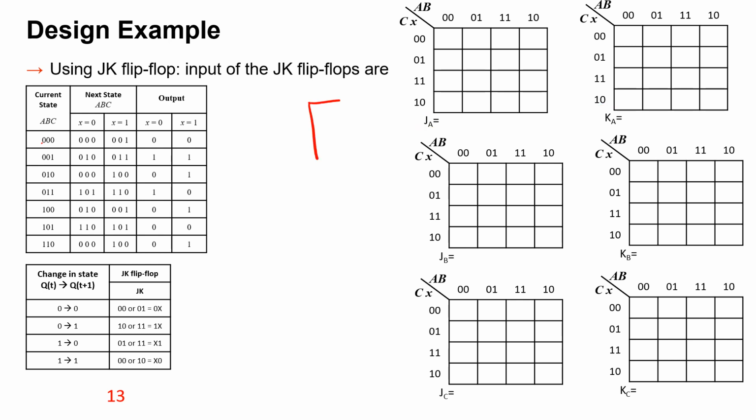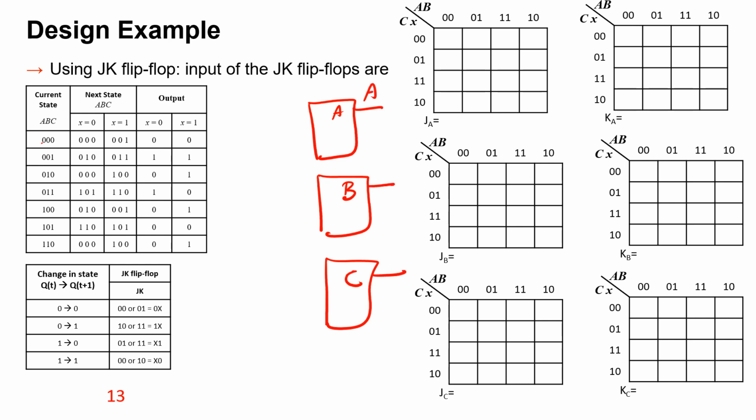So I have 3 flip-flops, 1 flip-flop for A, 1 flip-flop for B, 1 flip-flop for C. So they give me A, B, and C. For each one, I have 2 inputs, J, K. J, K for B, and J, K for C. So that will be JA, KA, JB, KB, JC, KC.